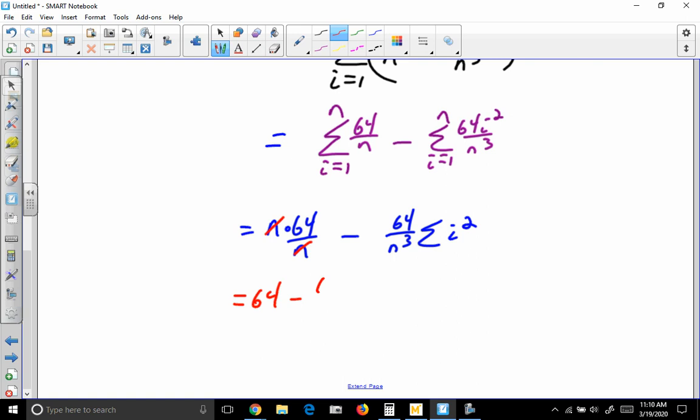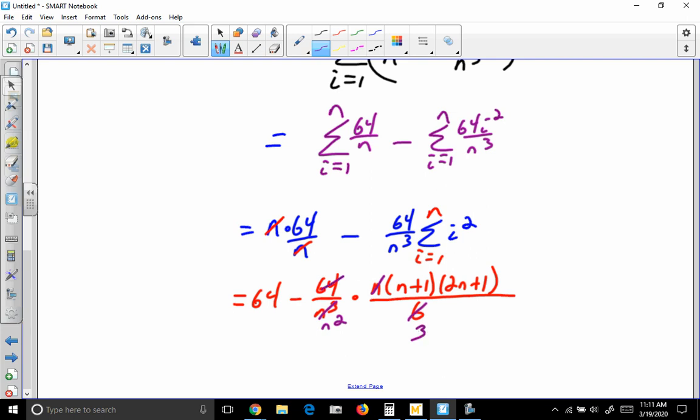For the next one, we need to evaluate the sum of i squared from 1 to n. And remember, there's a formula for that. Sum i squared, it's n times n plus 1 times 2n plus 1 over 6. So this n will cancel one of these. 2 goes into 6. 2 goes into 64.